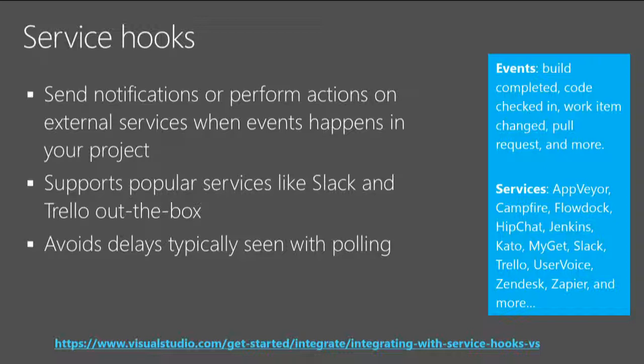We actually use this internally today. All of our source code is up in VSO, but we have some internal tools that still need to respond to events. In our case, we need to take code that got checked in, do some transformation, and publish it to an internal site. Service Bus with service hooks is what enables that kind of scenario.